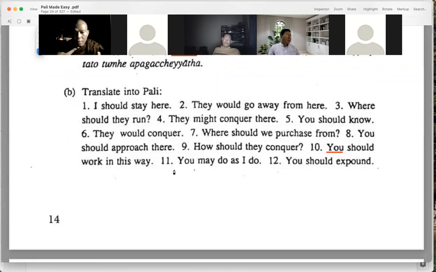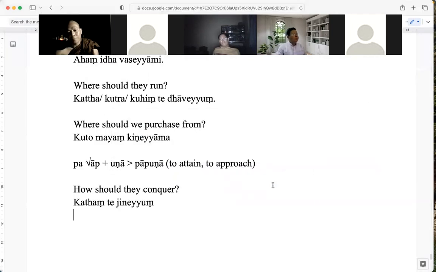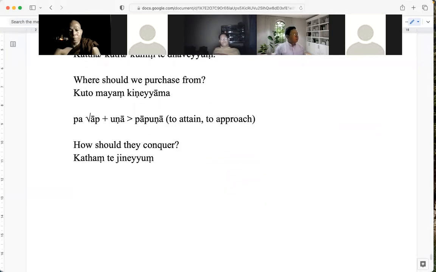So now 11. You may do as I do. So you may do as I do. Okay. So here you see S. This S should be understood.